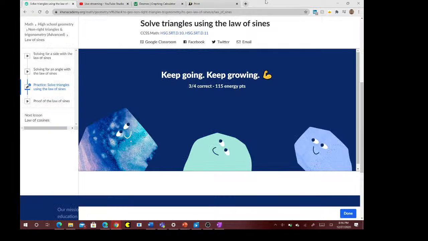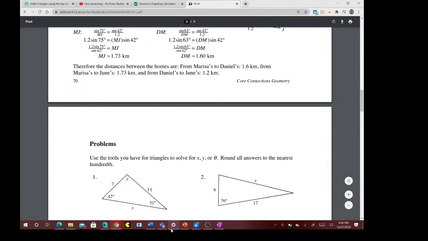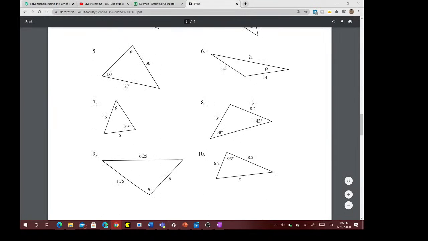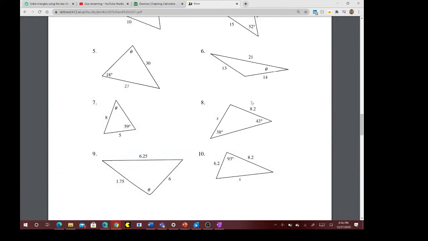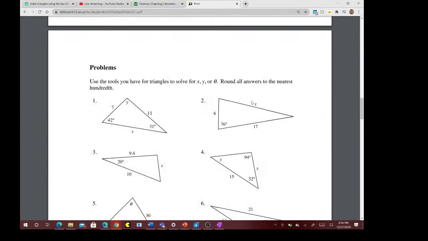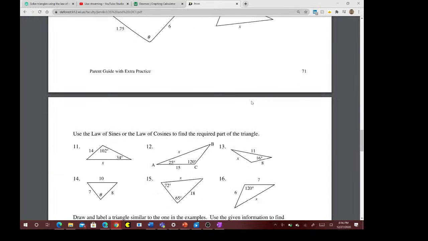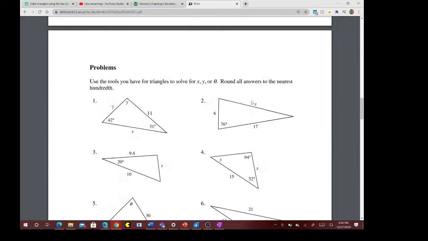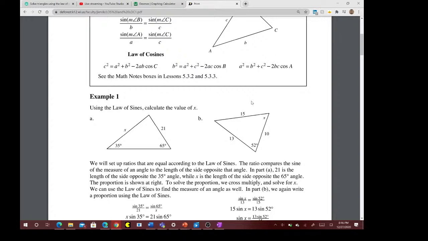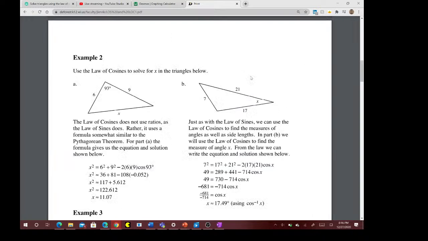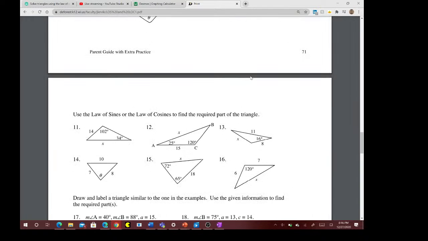If we look at one more, and like I said, we're not doing law of cosines for this, we're just doing law of sines. I just want to do the law of sines. I don't want to do the law of cosines yet.